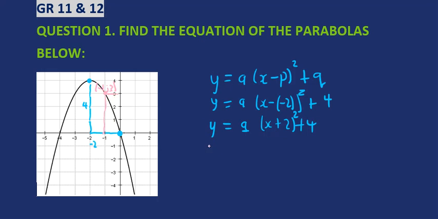So let's substitute that point into our formula. y is 3 and x is -1. Okay, so we've got 3 equals a times (-1 plus 2) squared plus 4. -1 plus 2 is just 1. Of course, 1 squared is 1, and a times 1 will be a.